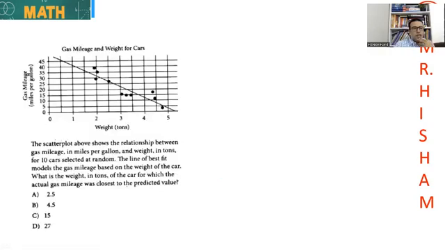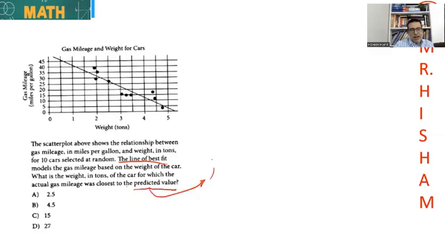Another example. The scatter plot above shows the relation between the gas mileage in miles per gallon and the weight in tons for 10 cars selected randomly. The line of best fit models the gas mileage based on the weight of the car. What is the weight in tons of the car for which the actual gas mileage was closest to the predicted value?